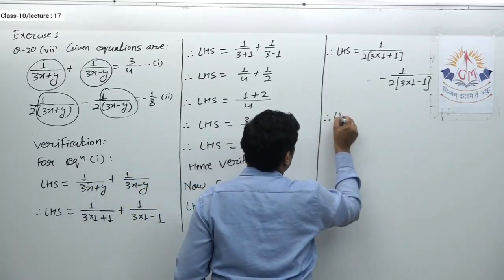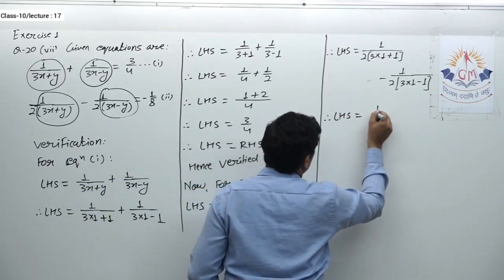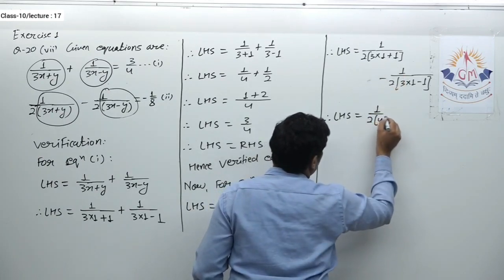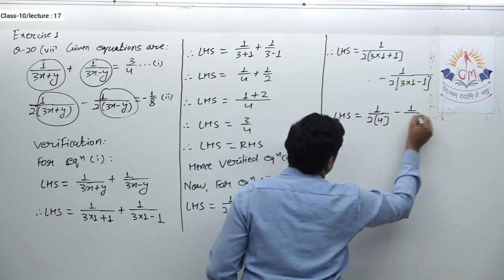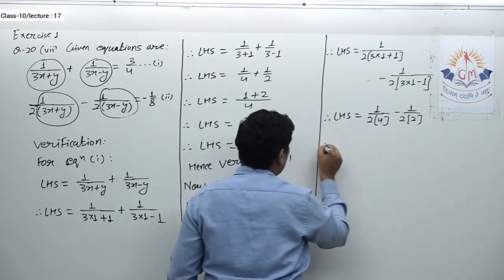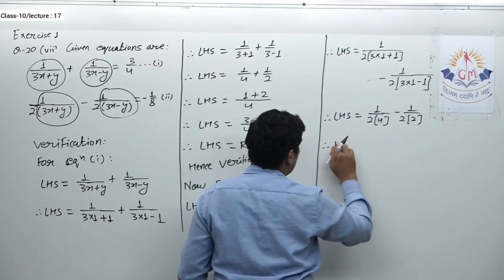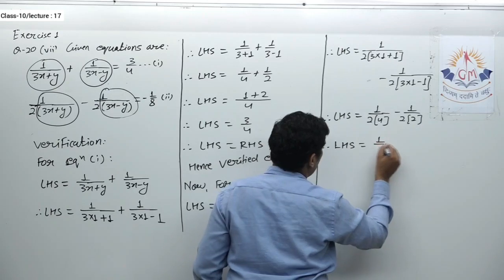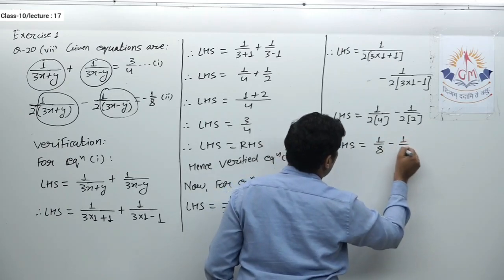So therefore LHS is equal to 1 upon 2 into 3 plus 1, that is 4, minus 1 upon 2 into 3 minus 1, that is 2. So therefore LHS is equal to 1 upon 8 minus 1 upon 4.